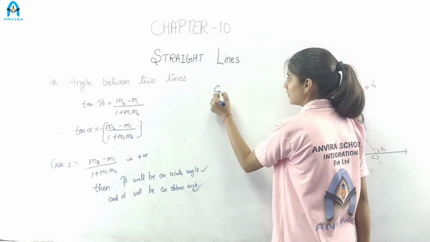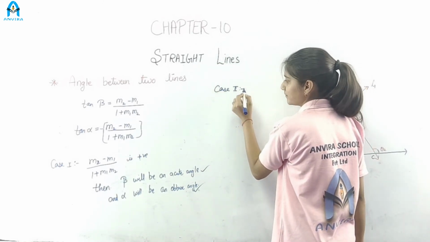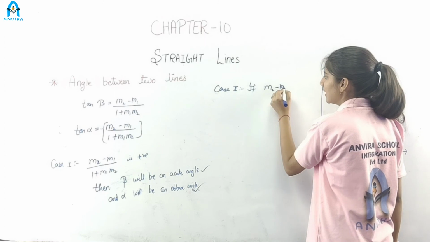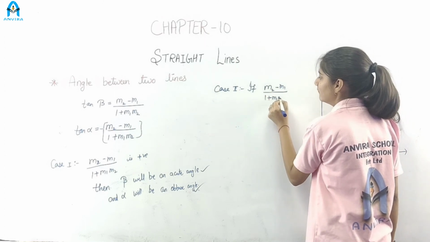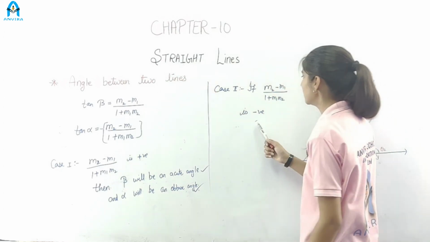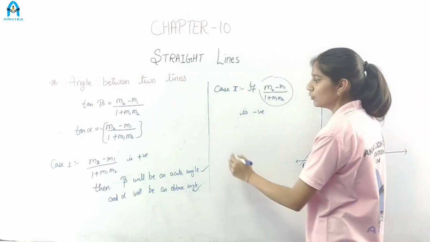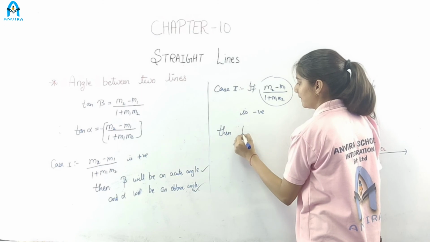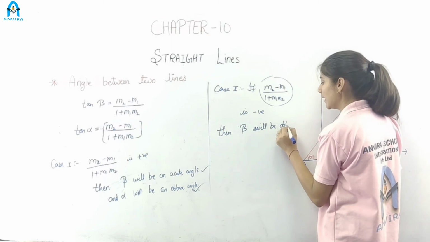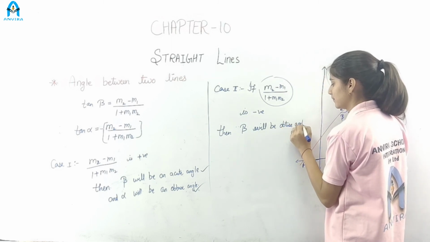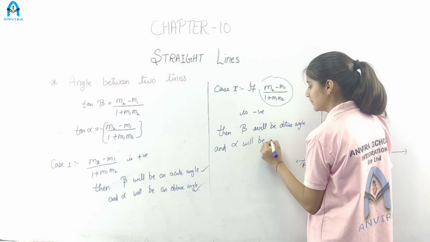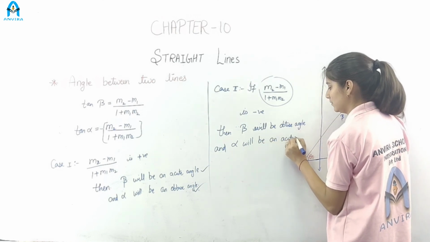Similarly, second case, if m2 minus m1 upon 1 plus m1 m2 is negative, if this total quantity is negative, then beta will be an obtuse angle and alpha will be an acute angle.